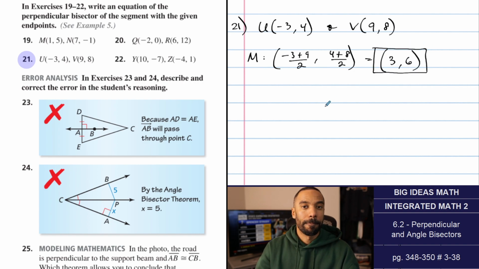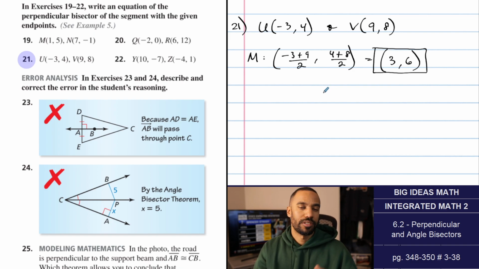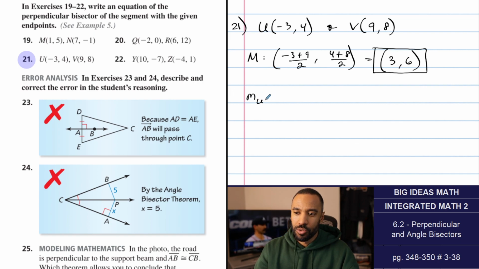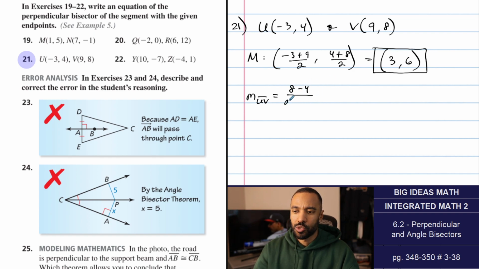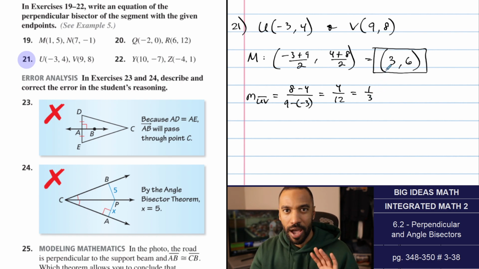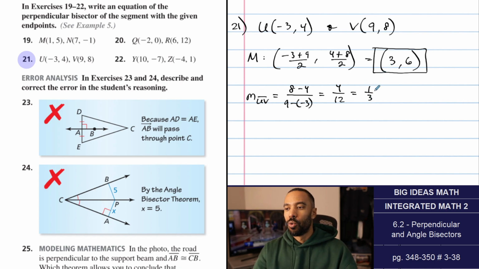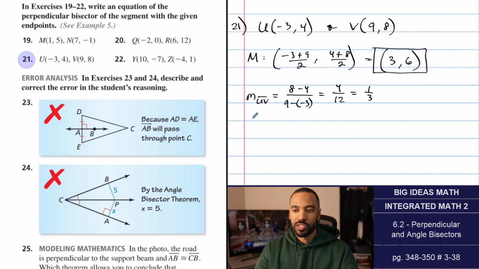That's our x, y we can use to plug into an equation to find the y-intercept, or use for point slope form, which we might have to do. The slope of segment UV is y2 minus y1, 8 minus 4, over x2 minus x1, 9 minus negative 3, which is 9 plus 3. 9 plus 3 is 12, and 4 over 12 is 1/3. Okay, there won't be a y-intercept issue here. So 1/3 is the slope of segment UV.